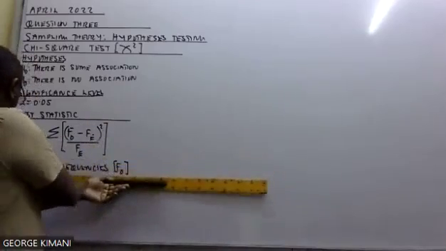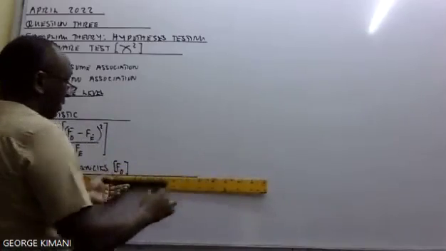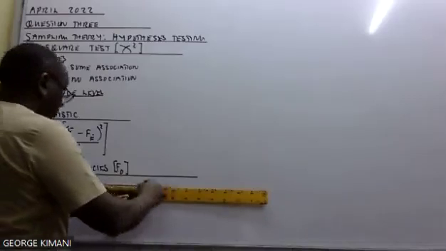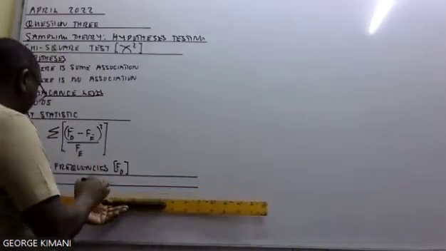Now, in the table of observed frequencies, we have two strategies here.